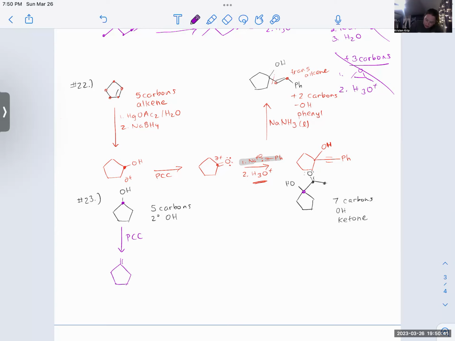So now we have this ketone. So this carbon has a partial positive charge. So now the question really is, what should we add? And this is a really weird one because we look at this and we're thinking, well, that's not an epoxide. So we know it's not an epoxide.